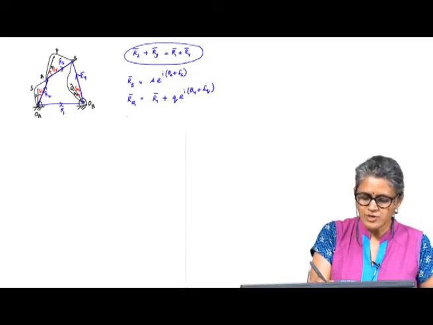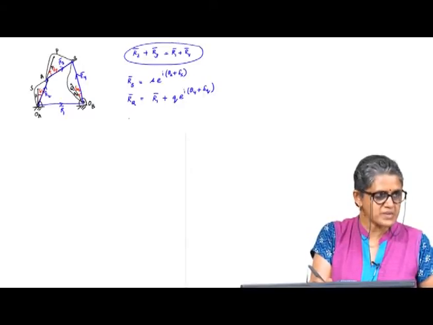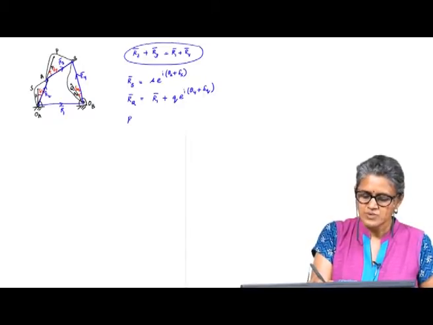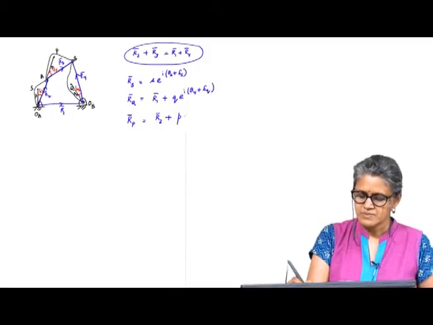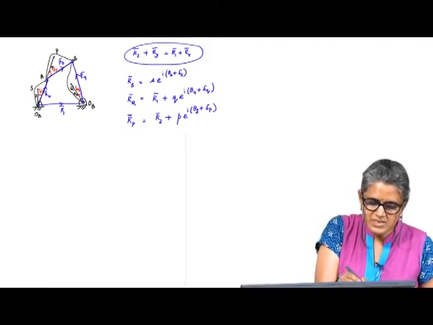Any point on the coupler, which is usually what we may be interested in. So, if I have an RP, it is R2 plus P e power I (theta 3 plus delta P), where theta 3 is this angle.